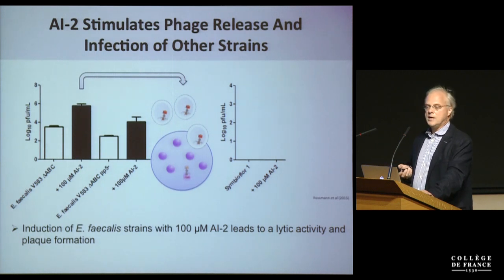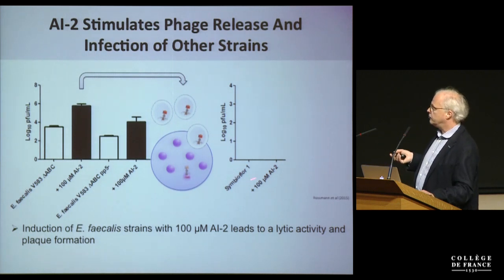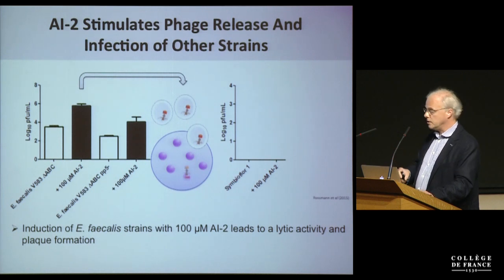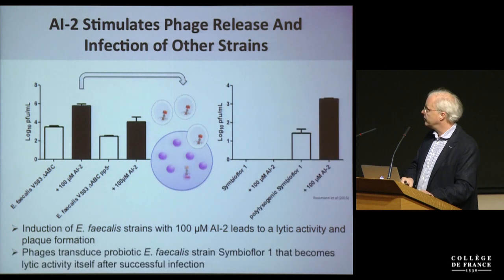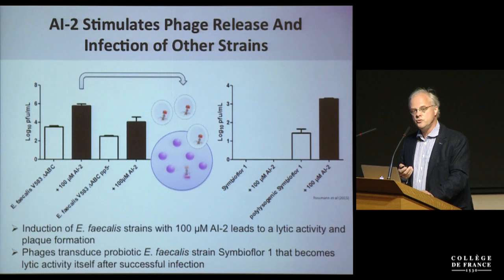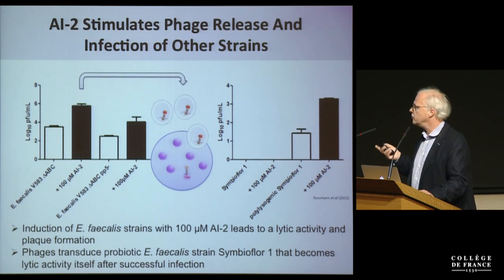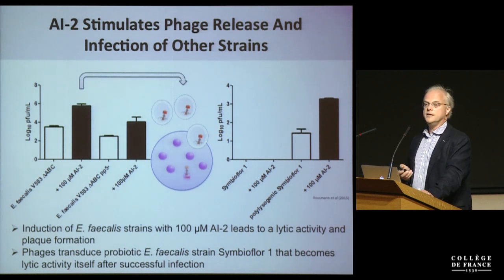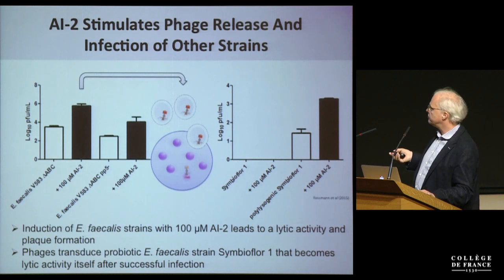When we do this with the wild type probiotic strain, no plaques; induced with 100 micromolar autoinducer 2, also no plaques. But the probiotic strain that has been transduced with the released phages that I've shown you here now produces plaques.